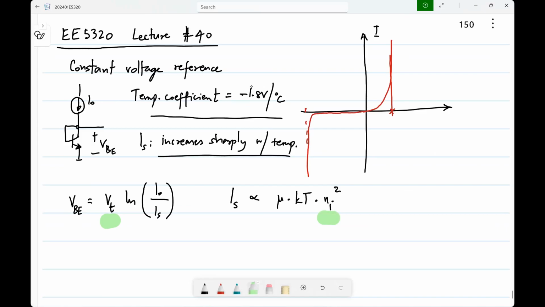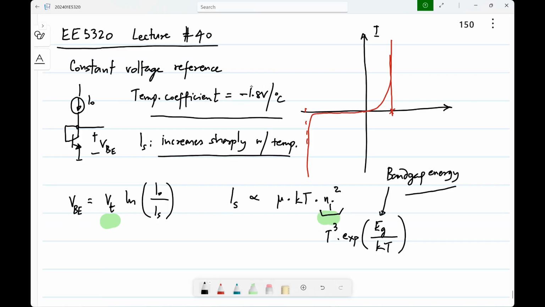It turns out Ni square is actually T cubed and exponential of minus Eg by kT. This is the band gap energy.